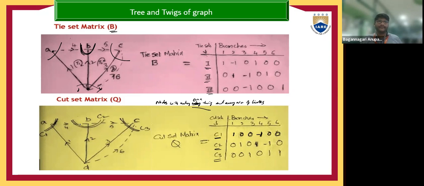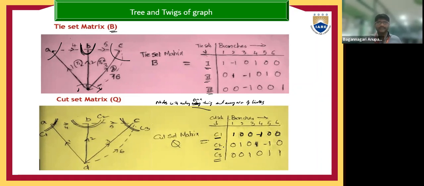This is what we need to remember, because it's just opposite to that of the incidence matrix, where moving towards the node we gave negative and away we gave positive. Here we are giving a minus sign for the current moving away from the node and positive for the current coming towards the node, right?